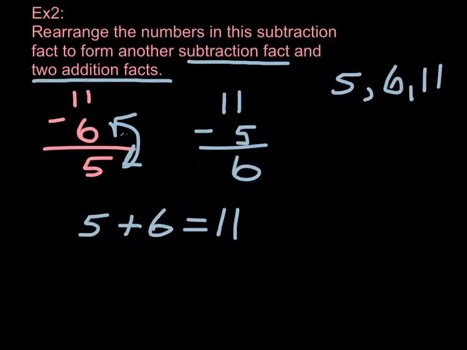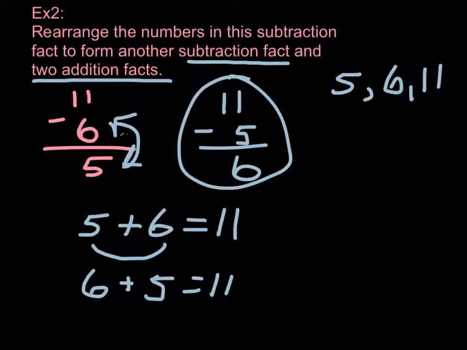Now I can use the commutative property for addition, which says that the order I'm adding does not make a difference, because 5 plus 6 is the same thing as 6 plus 5 equals 11. So now I've created my subtraction fact, which I wrote up and down, and really I should write these 2 addition facts that way since the original problem was written up and down.